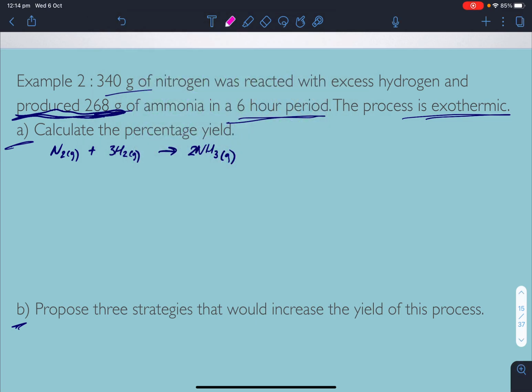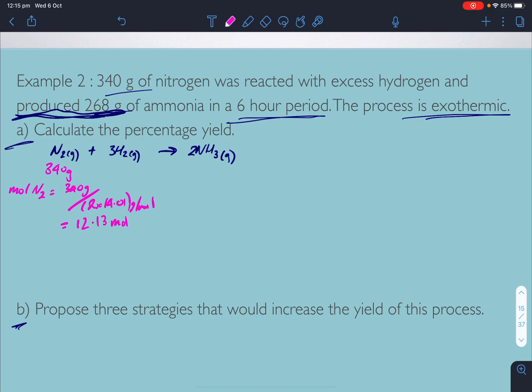So I've got 340 grams of nitrogen and I've got excess hydrogen. So I'm going to work out how many moles of nitrogen I have. 340 grams divided by 2 times 14.01 grams per mole. Put it in my calculator. 340 divided by 28.02. 12.13 moles.